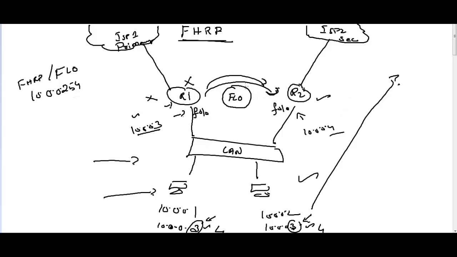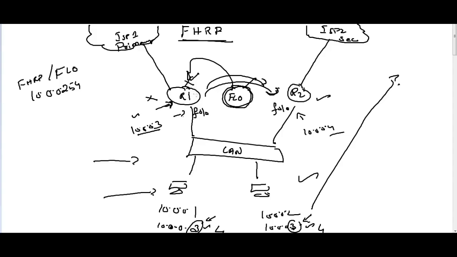Now, this floating router will be active with the primary device. Let's say R1 is your primary router, because that is connecting to your primary ISP. So R1 you want to be the primary router. So this floating router will be working on R1, will be attached to R1, will be there with R1.